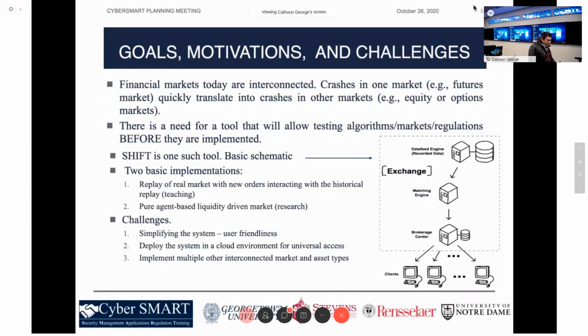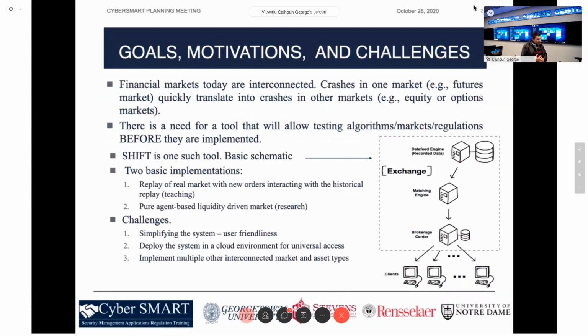Now, the other implementation, we have an agent-based liquidity-driven market. So in this implementation, we really have agents who are driving the market. In this market, if you put the 20,000 shares order, this is going to drive the market completely. It's just like a real market, and we can use this to study all sorts of things.